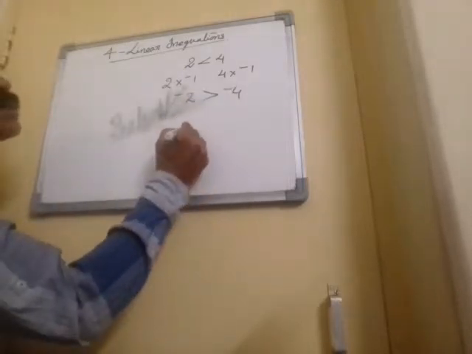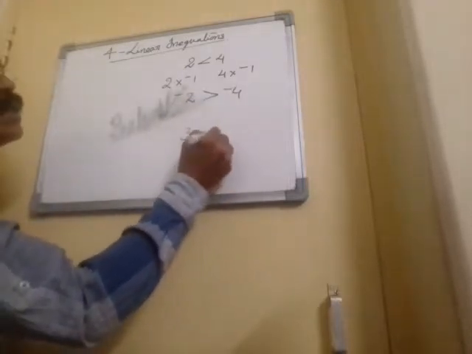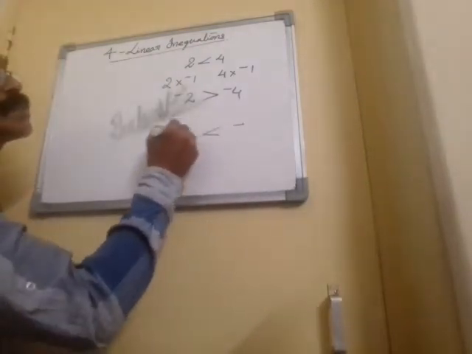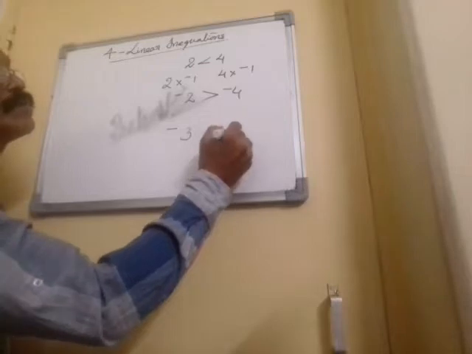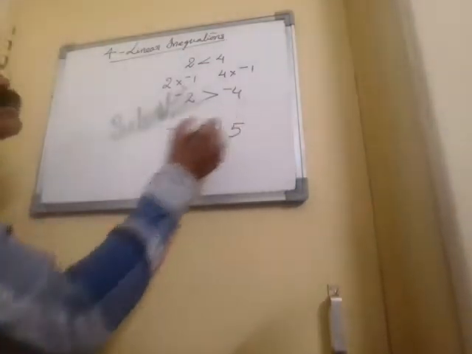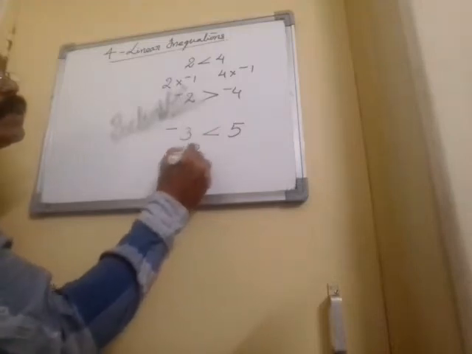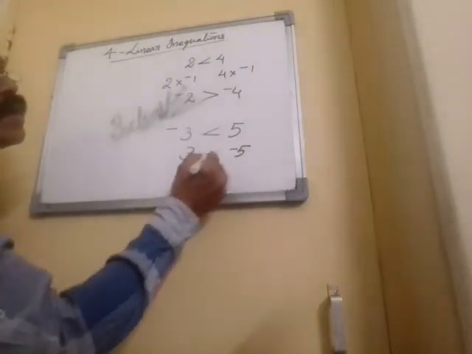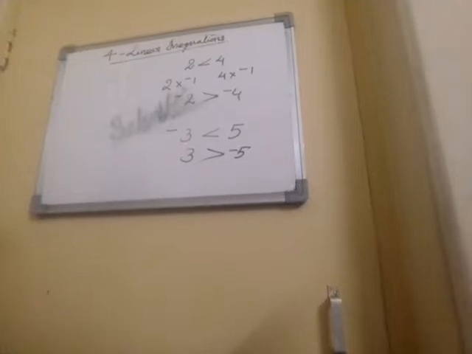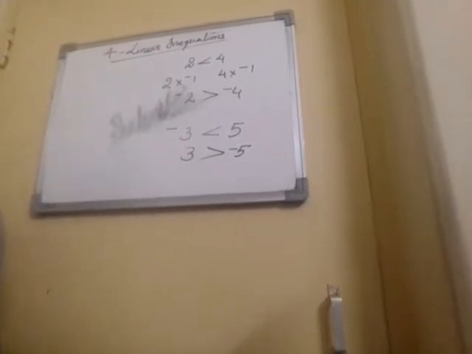See another example. Suppose 3 is less than 5. If you multiply with a negative sign, this will become minus 3 and this will become minus 5, and minus 3 is greater than minus 5. See another situation, where we take the reciprocal.